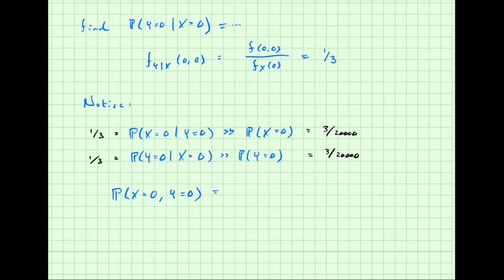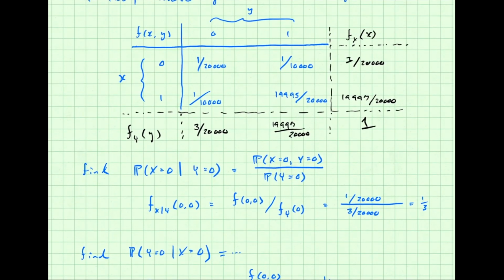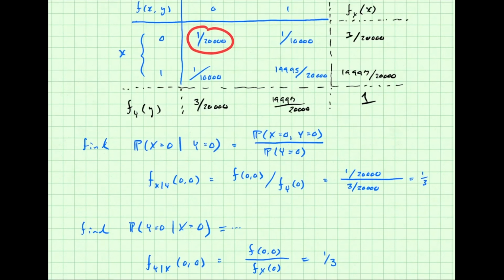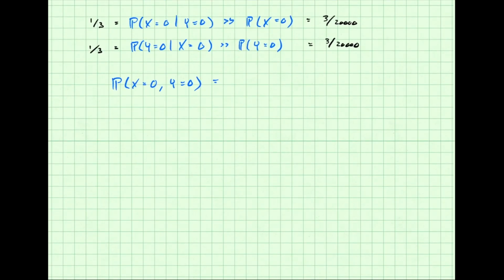We've talked about that, so you can go back and see it. That's this number here. The probability of both failing, that's low. It's 1 over 20,000. But it's not at all equal to the probability that x is 0 given y is 0. So if one of the systems fails, that's a third.